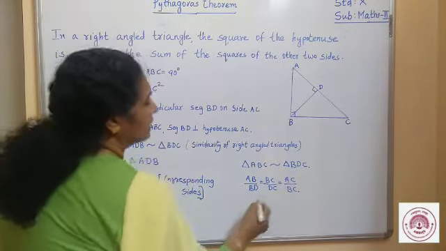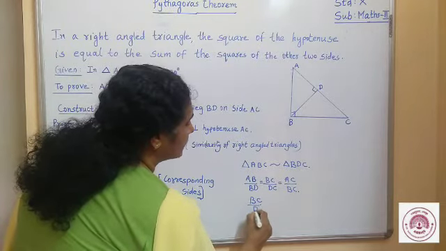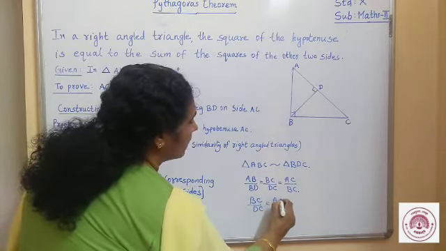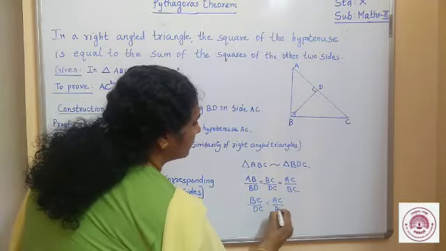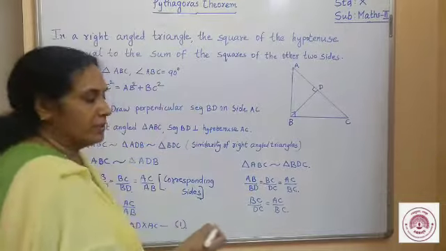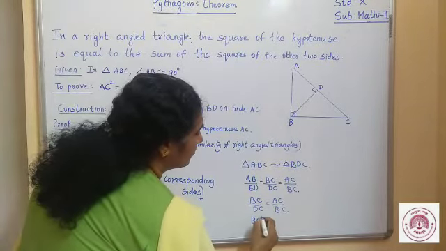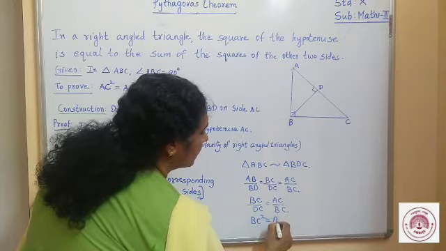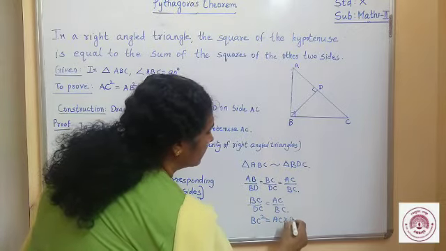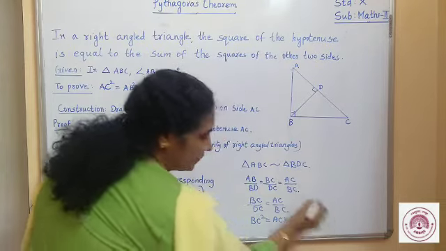So we will take second and third: BC upon DC is equal to AC upon BC. Then again cross multiply. BC into BC is BC square. BC square is equal to AC into DC. Let this be equation number 2.